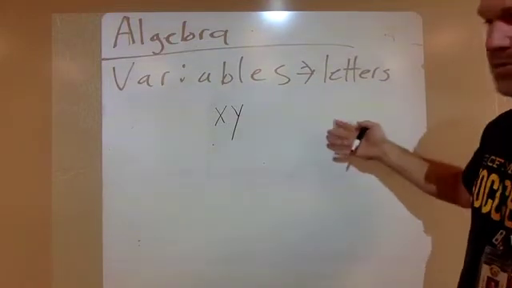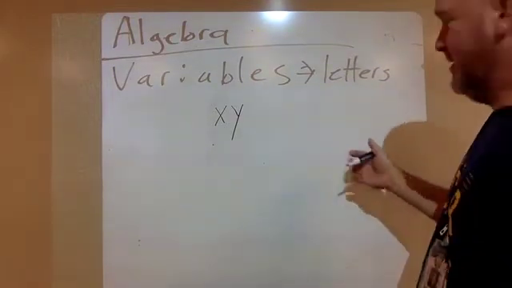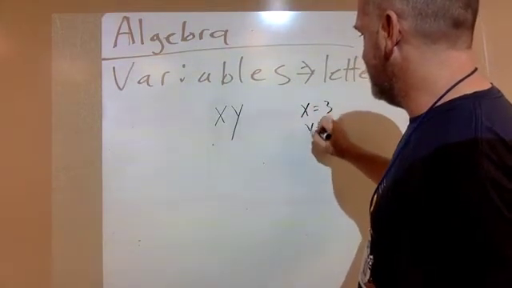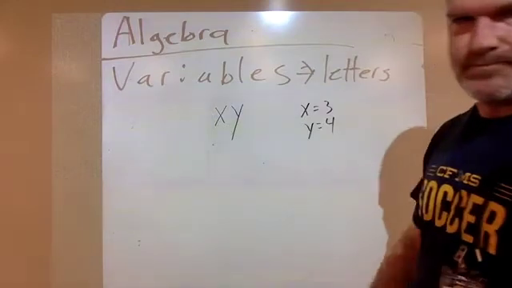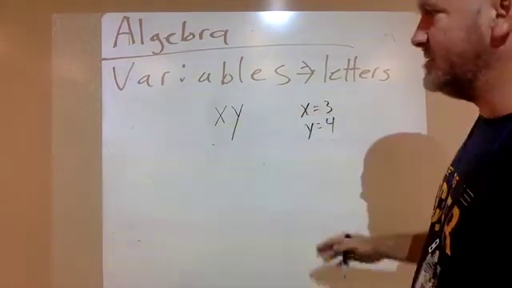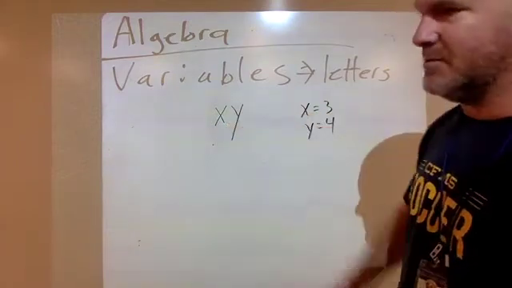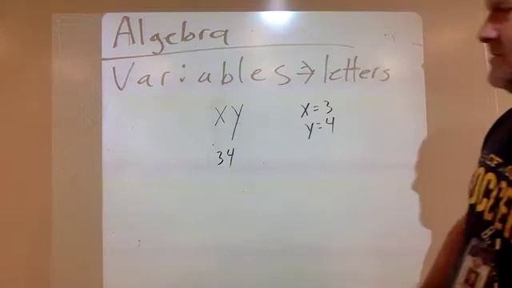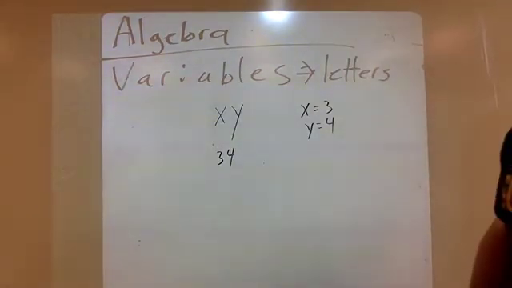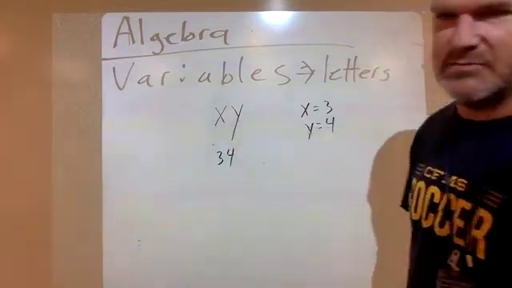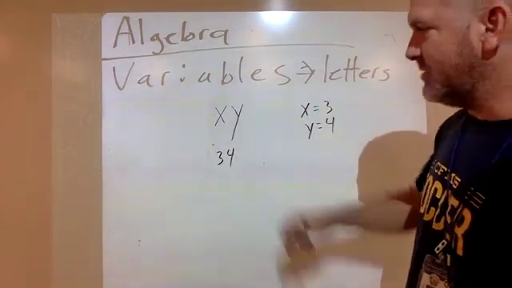So there's going to be more information off to the side, and off to the side it'll tell you x equals 3 and y equals 4, or whatever. It'll make up some numbers. Now you know what x and y represent. Now you can replace x and y with 3 and 4. But if you just replace them like that, it looks like the number 34. 34 is not the answer. Remember, two letters next to each other means multiply. So this is actually 3 times 4.